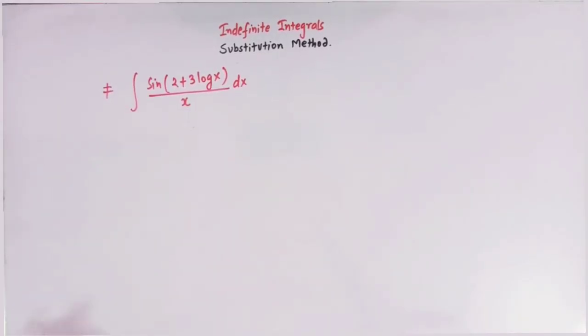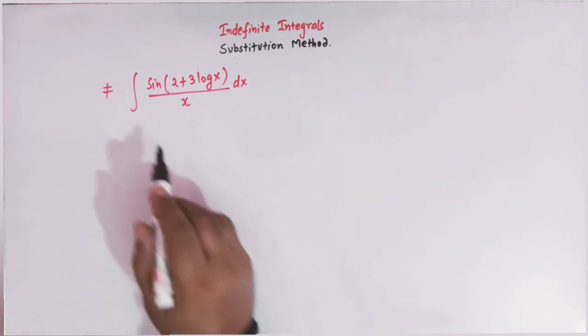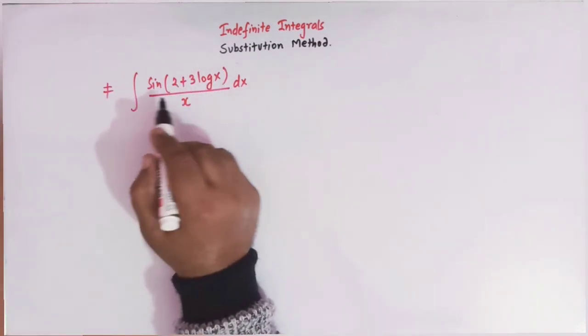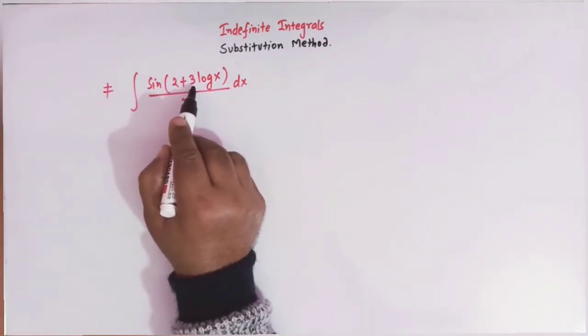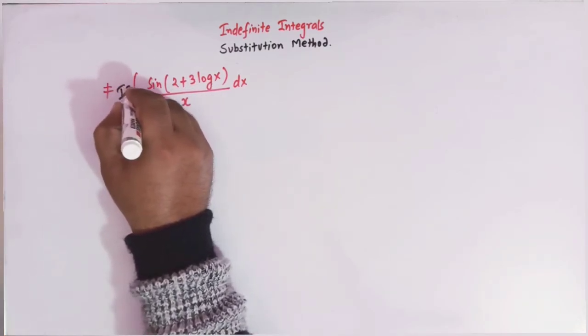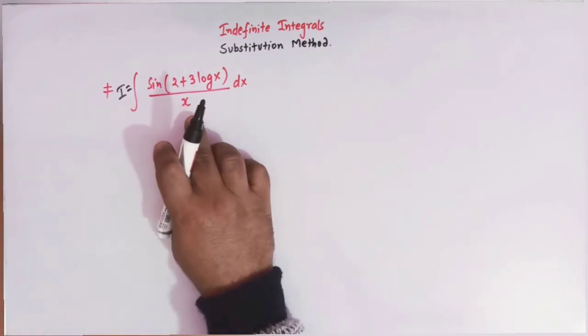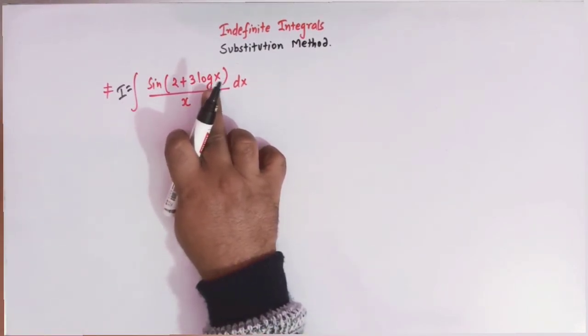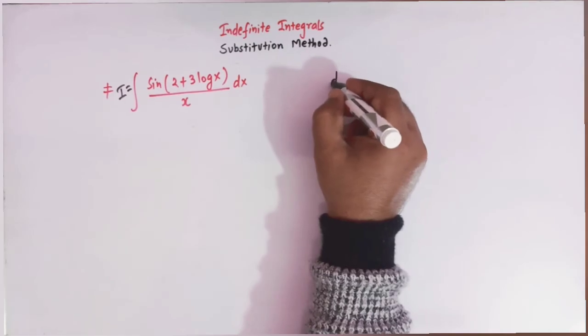So now let us take this problem. Here we have to find the integral of sine of (2 plus 3 log x) divided by x, right? So now we can take this integral as I, and see the derivative of log x is 1 over x, right?